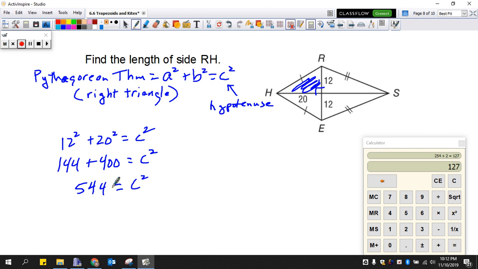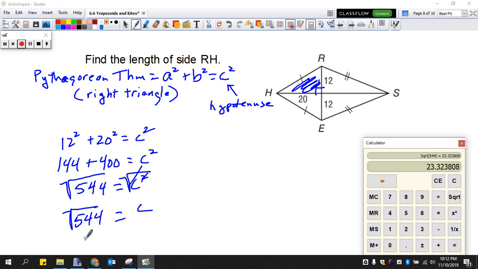We take the square root of both sides. The square root of 544 is equal to c, and that would be 23.32 if I round it off to 2 decimal places. So a little bit over 23 units.